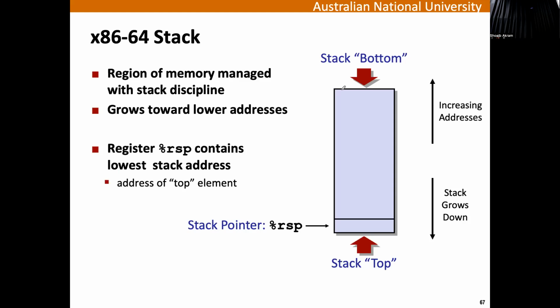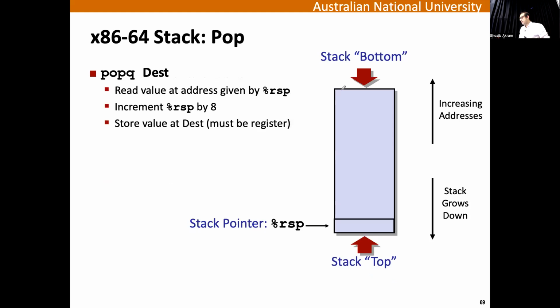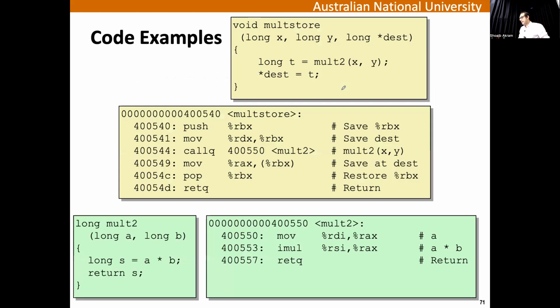So the stack pointer decreases by 8. Okay, so pushing something on top of the stack means we decrement the stack pointer by 8. Popping something from the stack means we increment the stack pointer by 8.